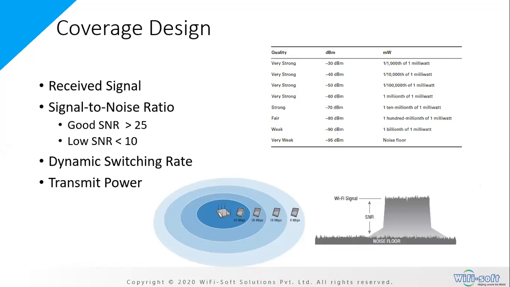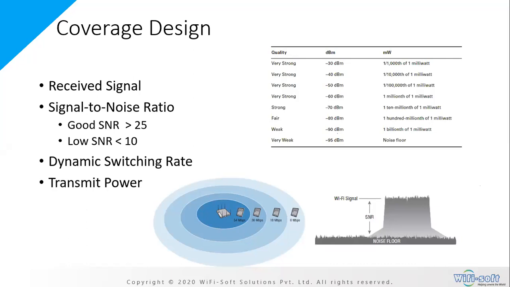On the right, I've shown a table about what is considered to be a good signal and what is considered to be a bad signal. You can see that right from minus 30 dBm all the way to minus 95 dBm, the signal strengths are categorized.